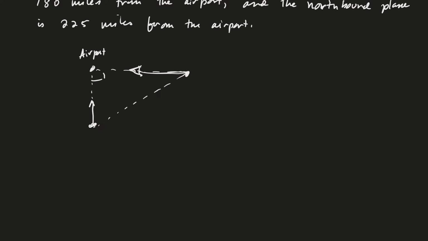And so it looks like we're going to need the Pythagorean Theorem to get a relationship between the variables and the distance. So let's label this as x of t, this will be y of t, and this will be our z of t. Z of t is our distance between the planes.